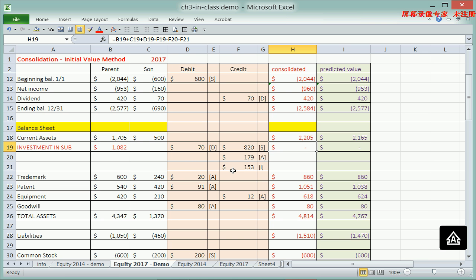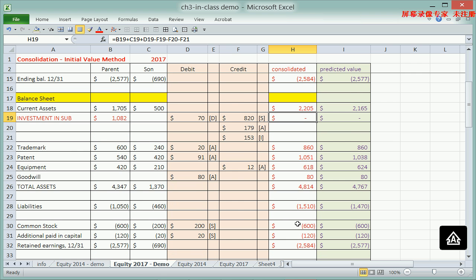So SAID eliminates the investment account. Now I need the E entry to take care of this particular year's amortization. For example, the A entry only takes care of 3 years. Now I need another year. It's here.